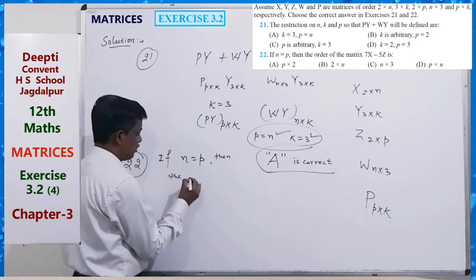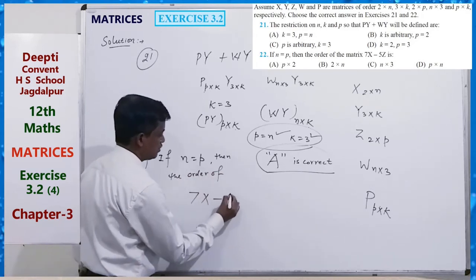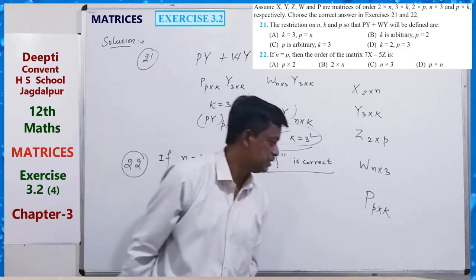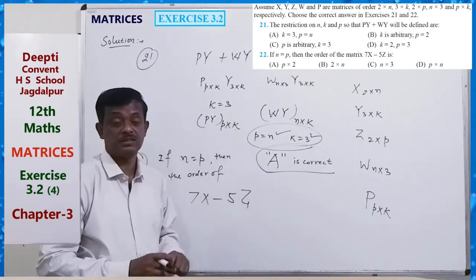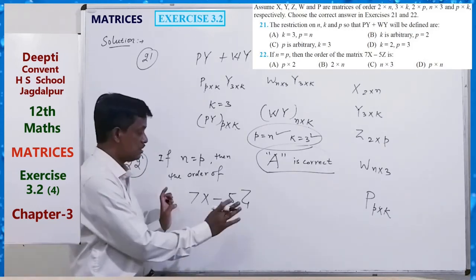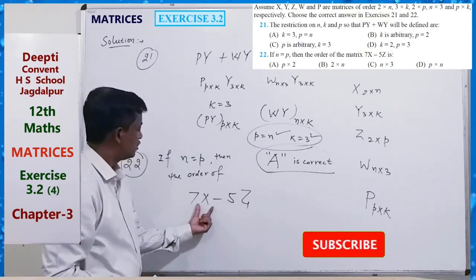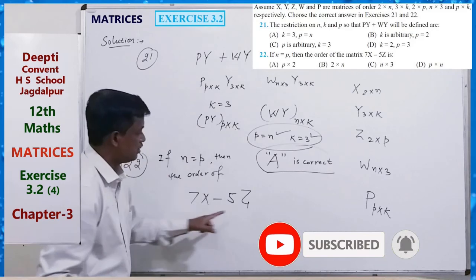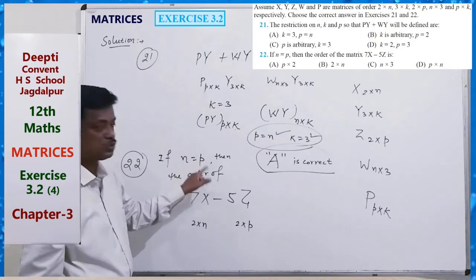We know that subtraction or addition does not change the order of the resultant matrix. So the order of x is 2 by n, and the order of z is 2 by p. Here n equals p.